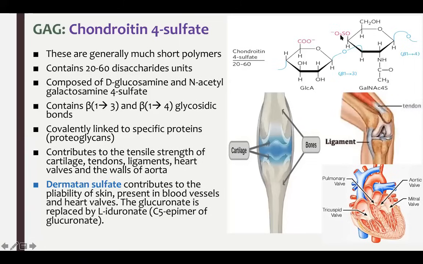The number 4 carbon has been sulfated. The sulfur group is here, and this is the N-acetyl group. So these disaccharides are present here. The bond between glucuronic acid and N-acetylgalactosamine is beta 1 to 3, and likewise as in hyaluronic acid, the N-acetylgalactosamine 4-sulfate and glucuronic acid contain the beta 1 to 4 glycosidic bond.